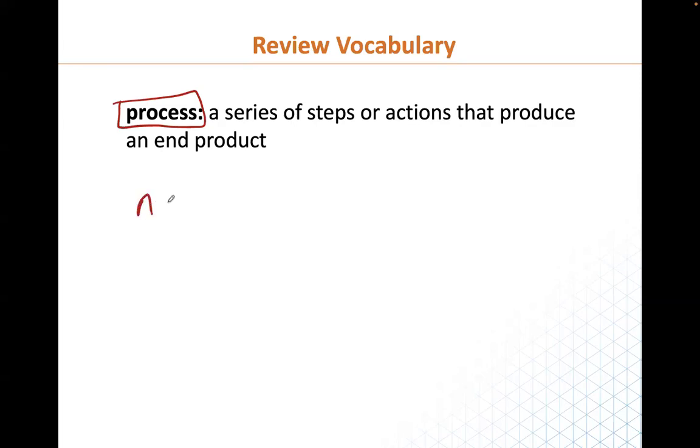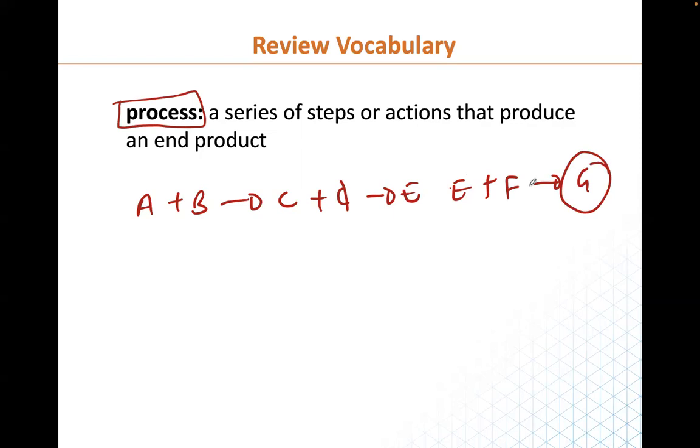So it could be A plus B will produce C. Then C plus D produces E. Then E plus F produces G. And G is our final product. After that, we're not going to proceed anymore.